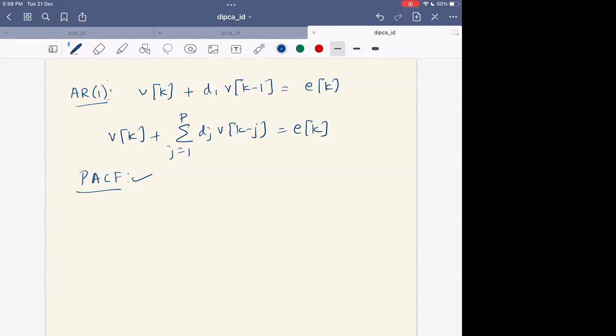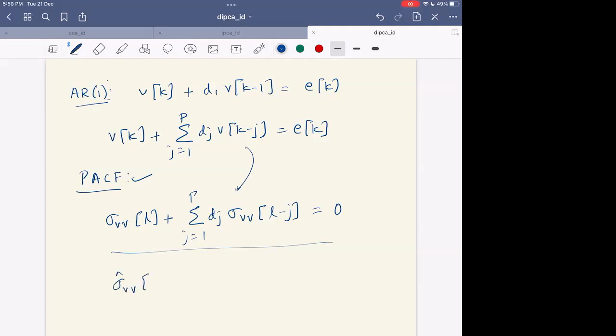But now you can turn to the Yule-Walker equations, which say that the same governing equation is satisfied by the respective autocovariances, for lag L greater than 0, with j from 1 to P. You can use this if you know the autocovariances exactly. But what you can do is use PCA on the estimated autocovariances.